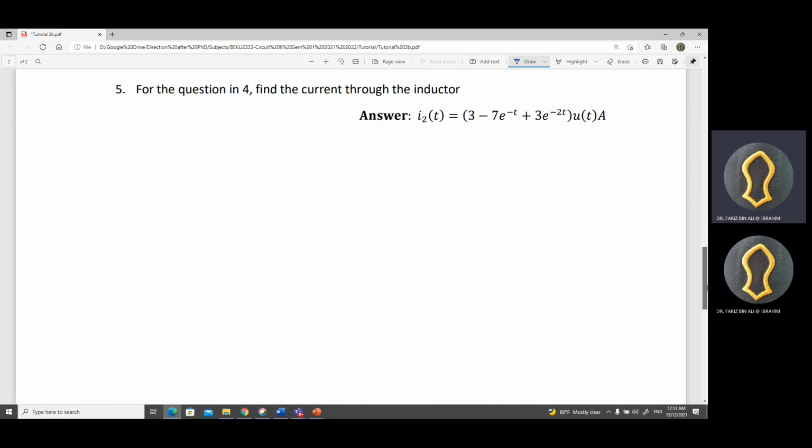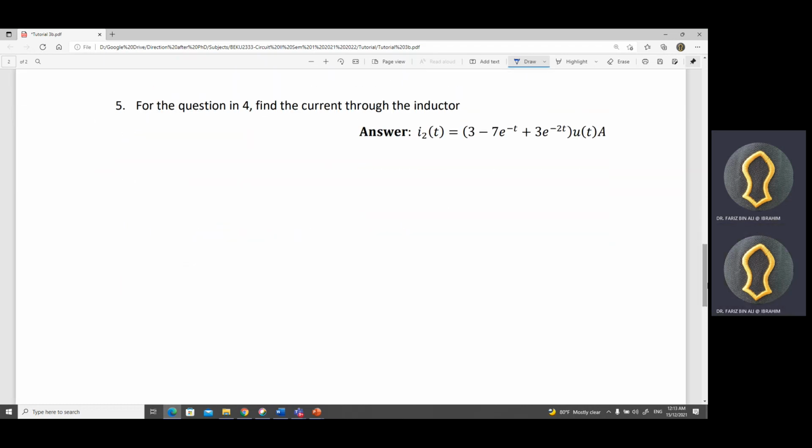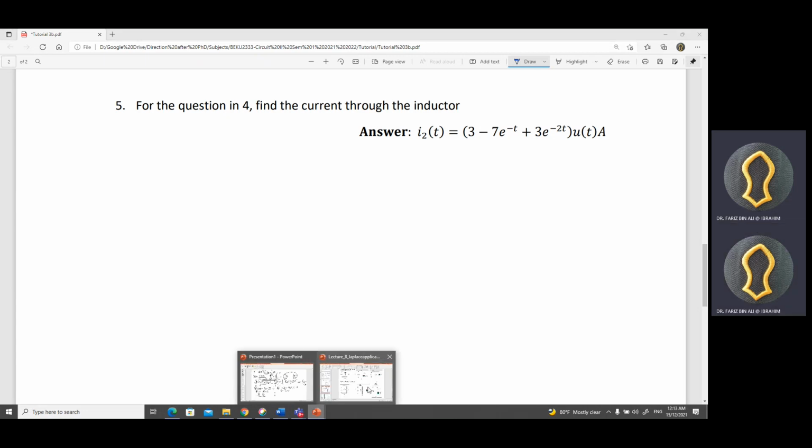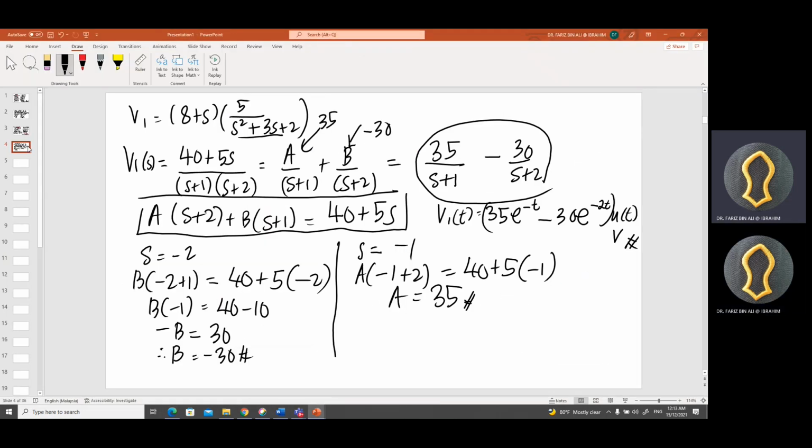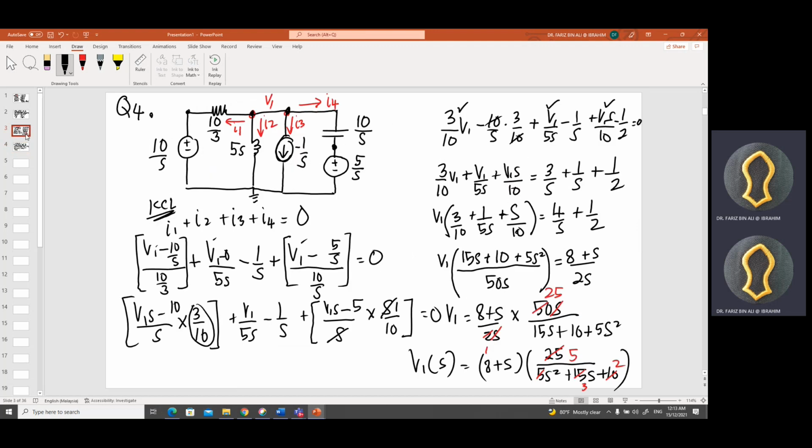For question 4, find the current through the inductor. All right, if you want to know the current through the inductor, I have to refer back to the initial figure that I have right now. So the initial current through the inductor, as you can see here, it is not only 5s.